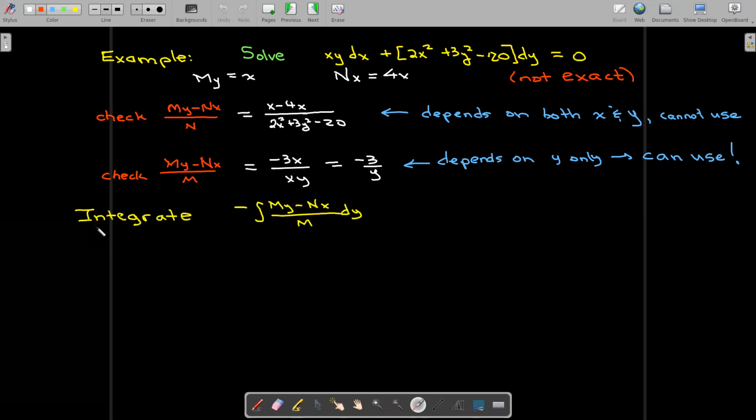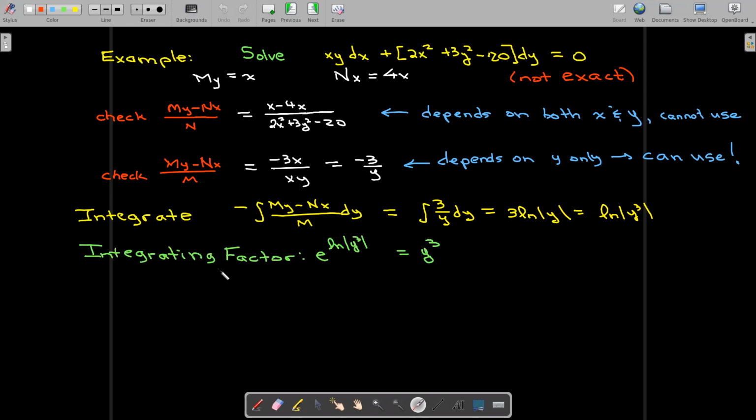So first I'm going to have to integrate. Remember, there's a minus sign when I have m in the denominator. So that will change the minus to a plus. Find the antiderivative, and I'll get natural log of y cubed. And as always with our integrating factor, we don't worry about the constant of integration.